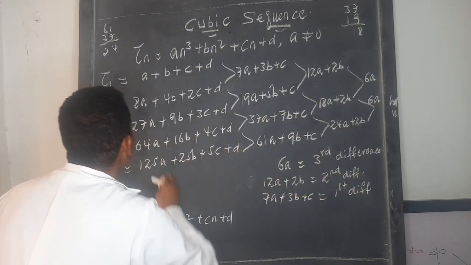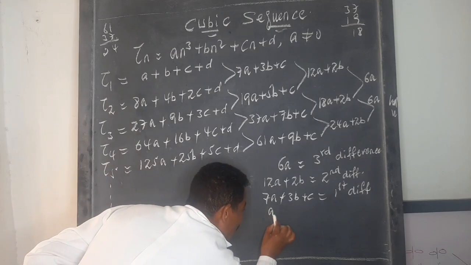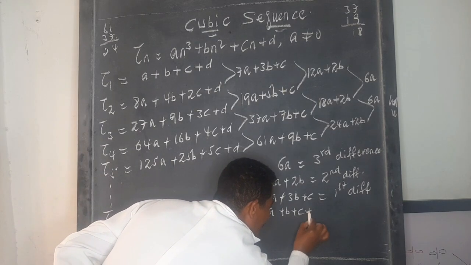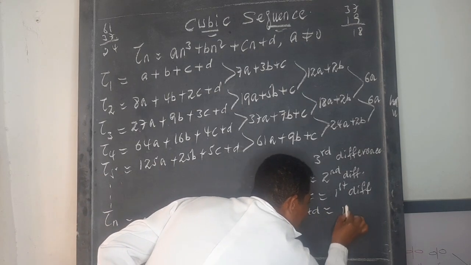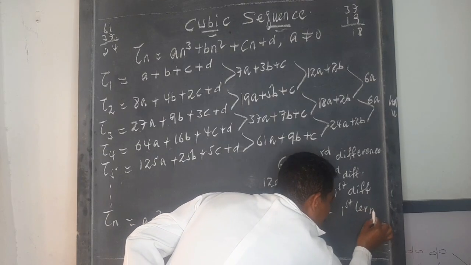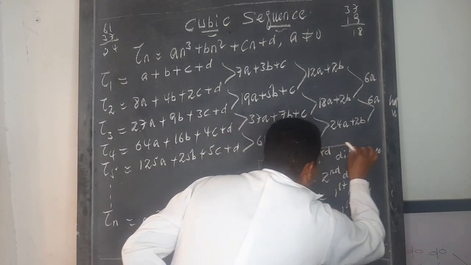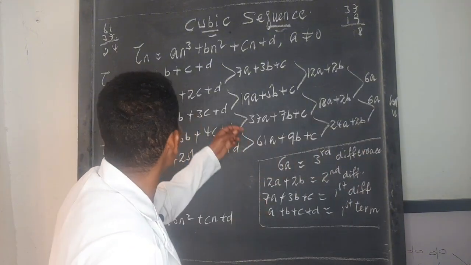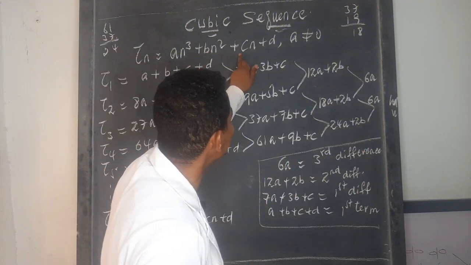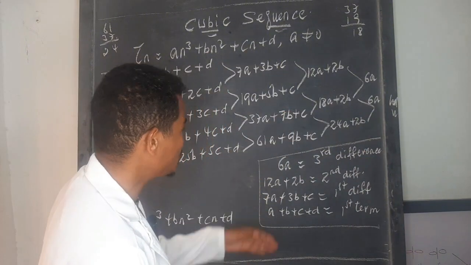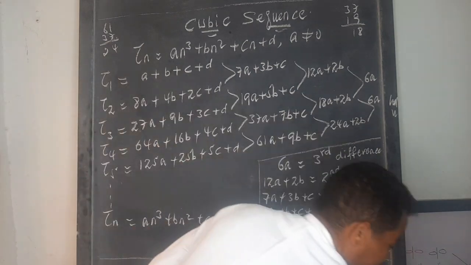And the final one is a plus b plus c plus d, which is equal to the first term. So by using these, we can find the values of a, b, c, and d. Based on this, let's do one example.